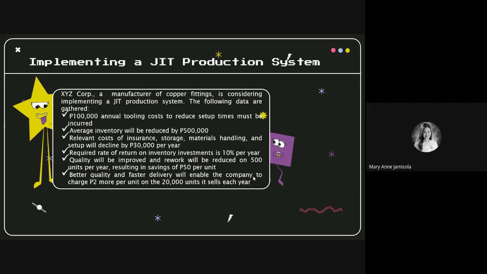So let's start with the analysis on the benefits. As part of the benefits of the company, we should also consider the savings, right? Cost savings are part of the benefits that the company will experience should it implement a JIT production system.